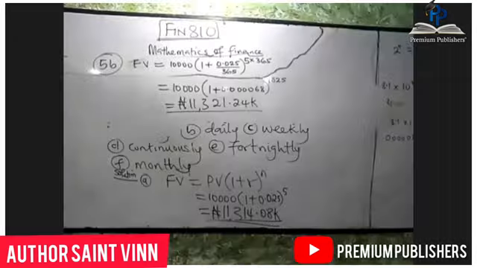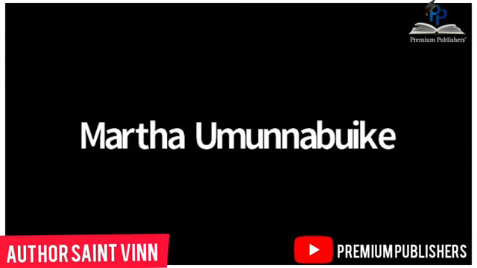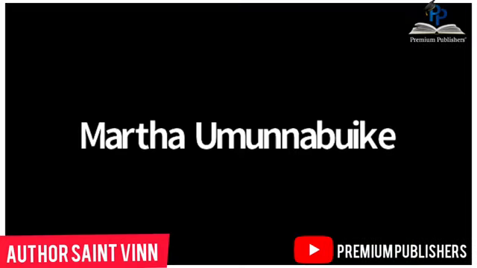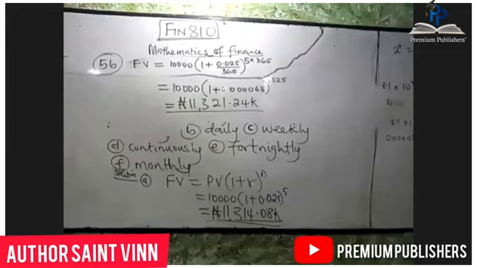Okay, so they say it's daily. When something is daily, it means that the interest is paid every day. So, because it's daily, we divide that by 365.